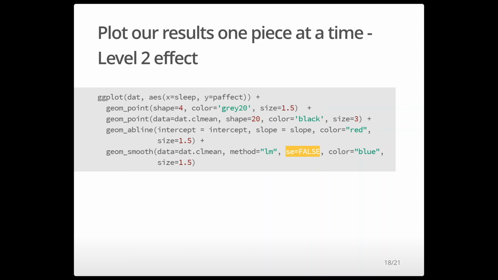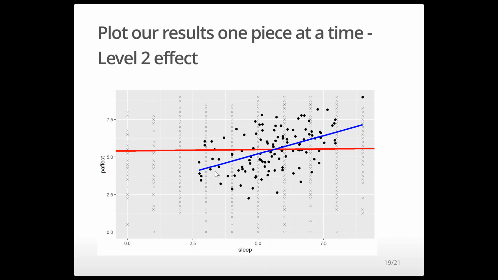And I'm going to make se false, otherwise that would give us an error band if we specify this to be something else. I'm going to make my line blue. And so now we get our cluster mean regression, and we can see it's a totally different line than the red line, which is our average of our level 1 slopes and intercepts.